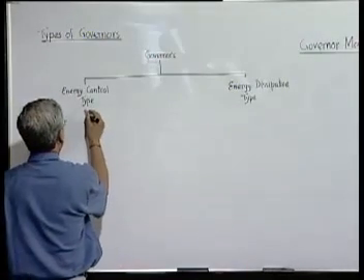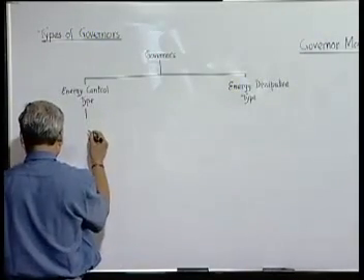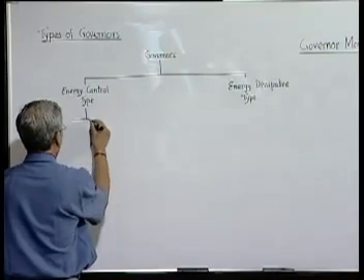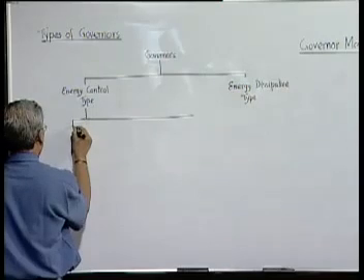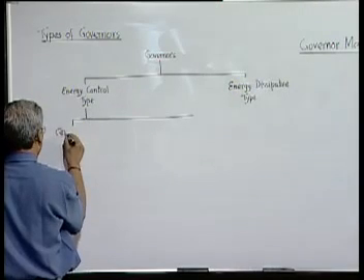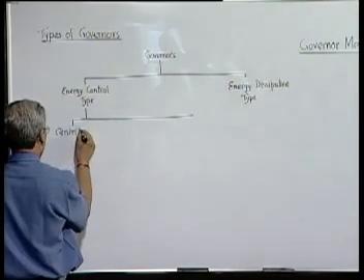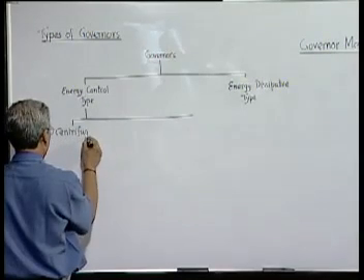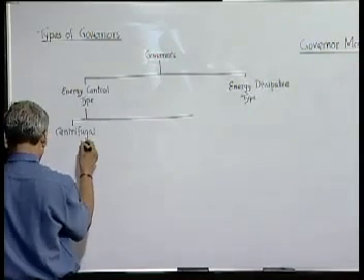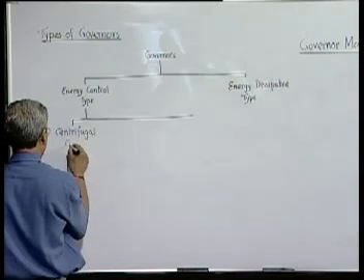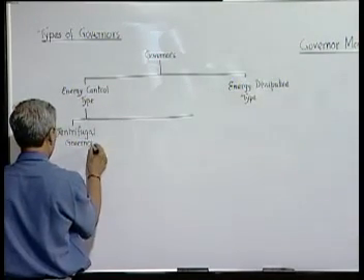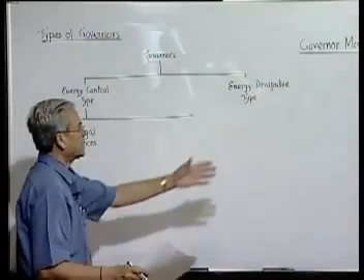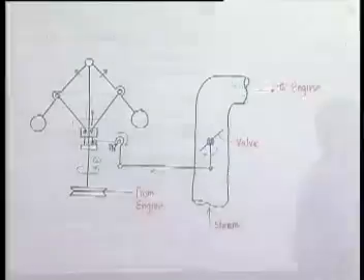Now these energy control type governors can be further classified into two groups. One is called centrifugal governors. The one I have discussed, the Watt governor, is a centrifugal type of governor.